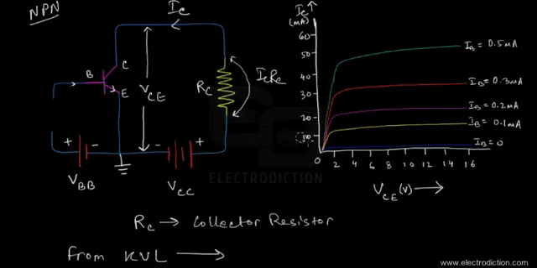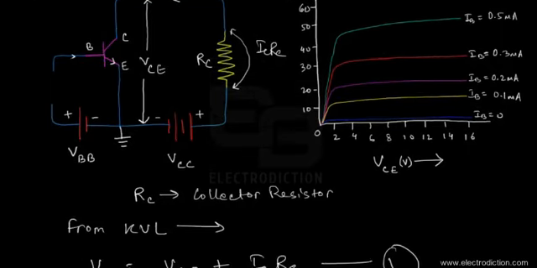If we remember the output equation for the CE mode, as I had shown you in the previous tutorial, it is given by IC equals beta IB plus ICEO. Now ICEO being the leakage current, it's quite small in magnitude. We can ignore this part, and for quick evaluation purposes we can approximately take the equation as IC approximately equals beta IB.